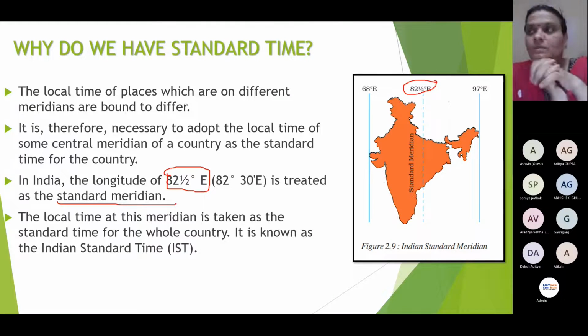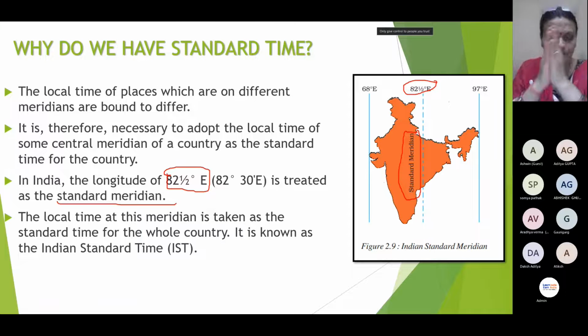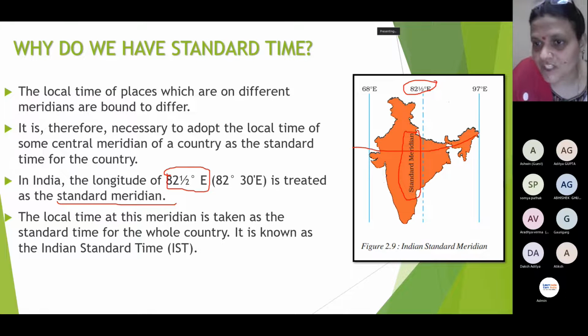No. All the countries follow the prime meridian format. In India, for every country there is one standard meridian which they follow, because every country lies between different meridians. Here, this is a place where this meets, it cuts. So we have followed this point.